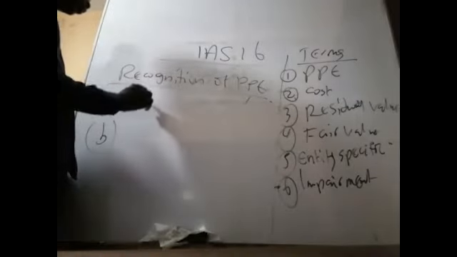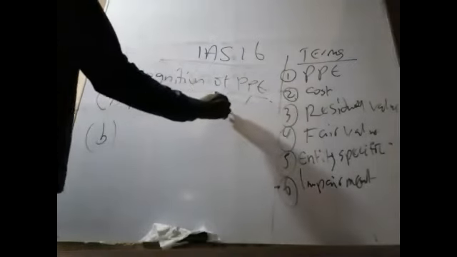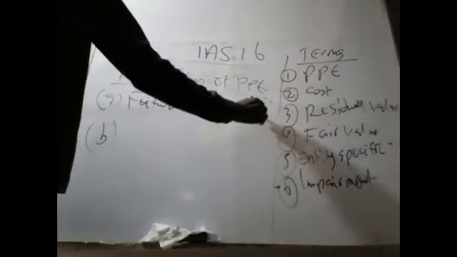So it must be probable that future economic benefit will flow to the entity.